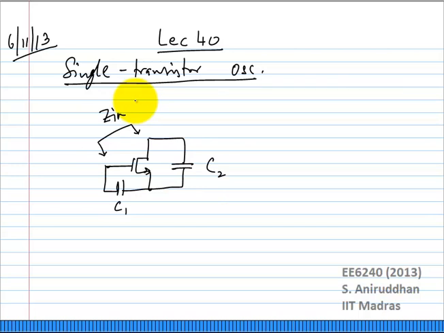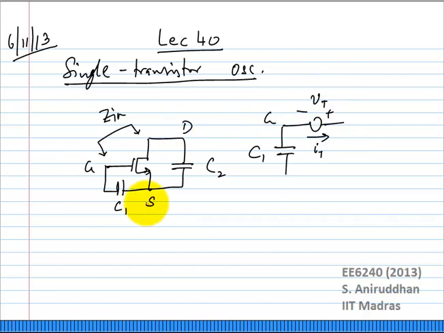How do you do this? You apply a test voltage, find out the test current, divide the two, and you will figure it out. So, for example, I have C1, I'm going to apply my test voltage which is Vt, and I have a certain current It here. Okay, so this is the gate, drain and source. This is my source node, and between the gate and source I also have C2.